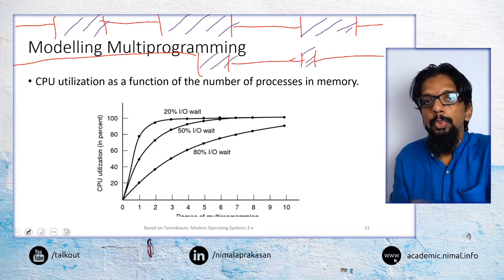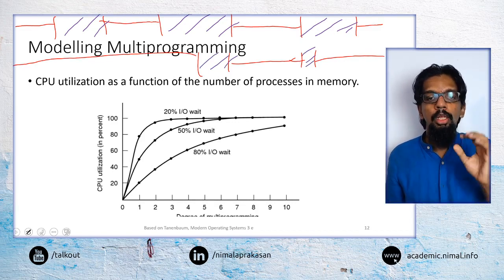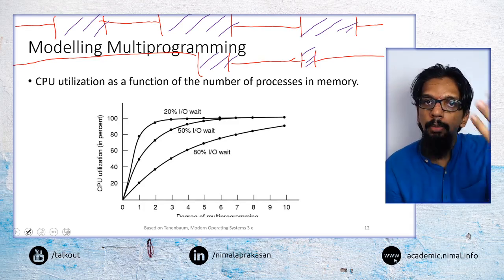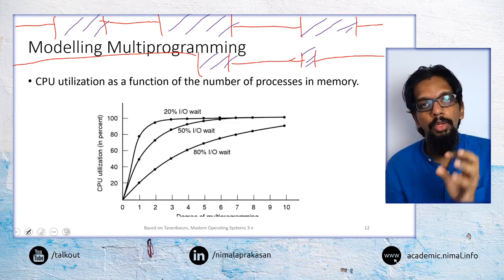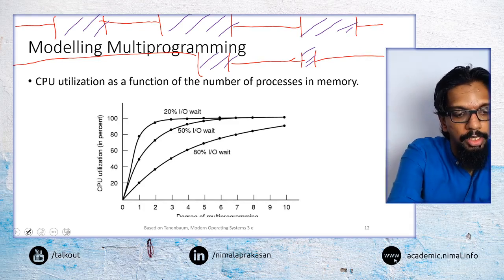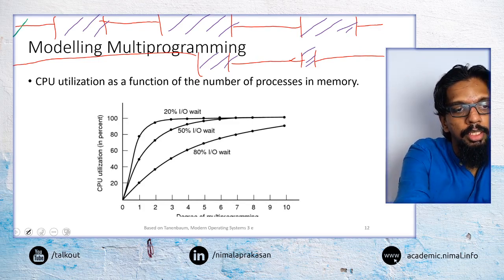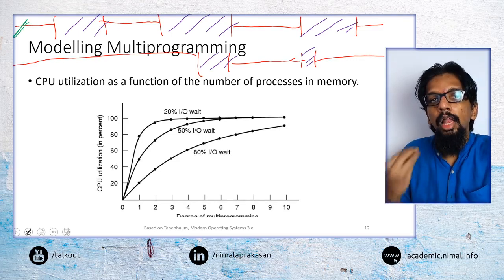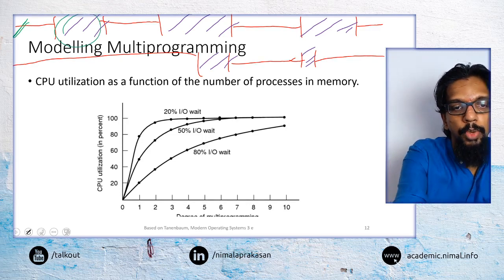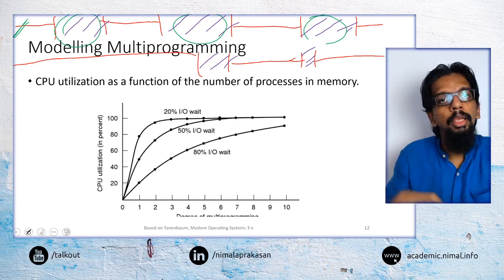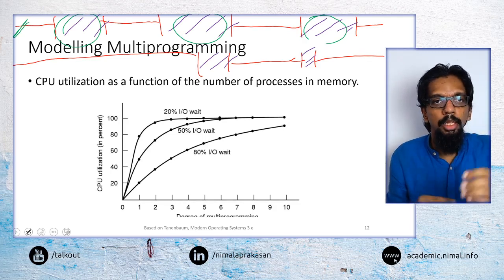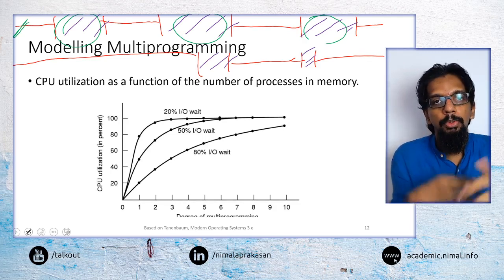That difference is between processes that wait for input output more and processes that wait for input output less. Especially in the first case, we gain an advantage from multiprogramming, because instead of wasting that time, we can give it to another process to run.